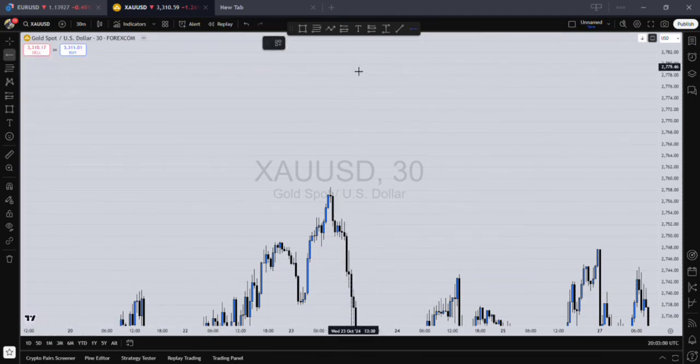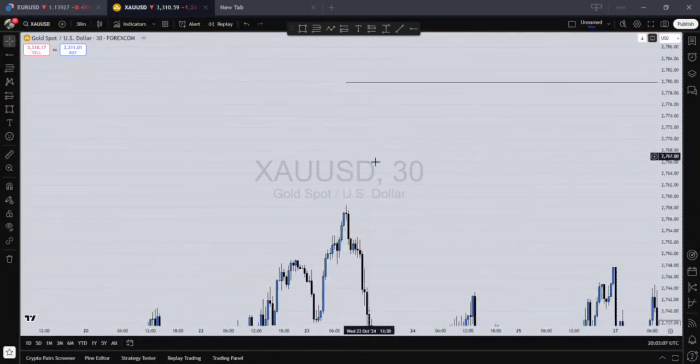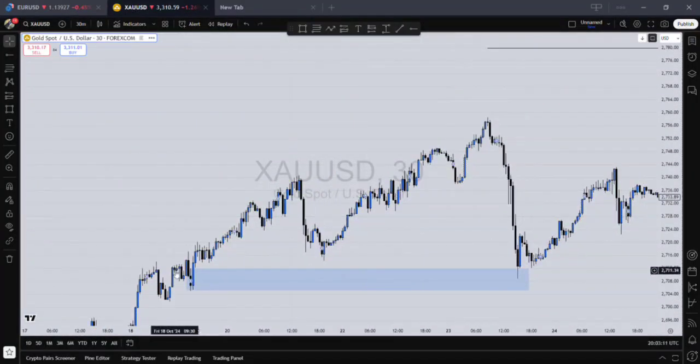I was expecting 2780. You can see that my target was still far. I was expecting price to come all the way here. Look at what happened now.